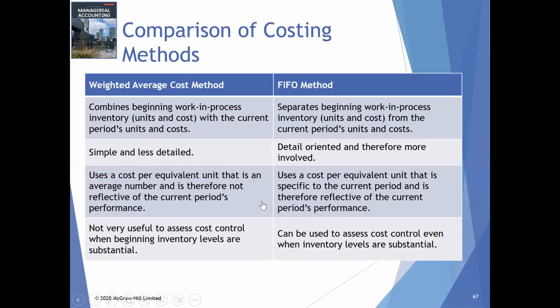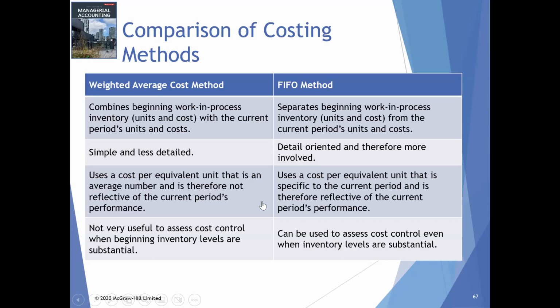Now, what is the difference between these two, the weighted average cost method and the FIFO method? The weighted average cost method combines the beginning work in process inventory, meaning units and cost, with the current period's units and cost.